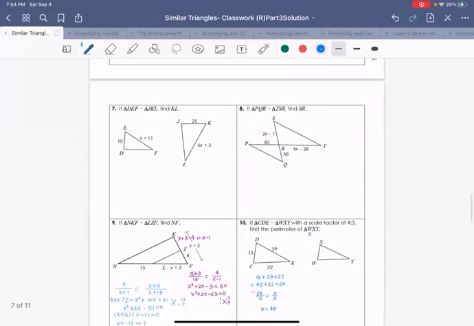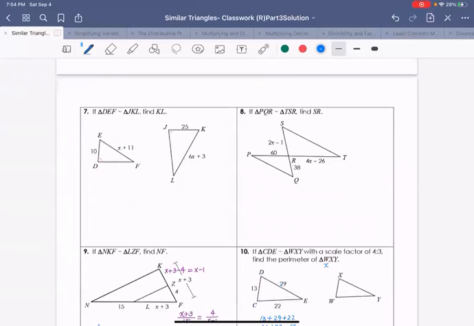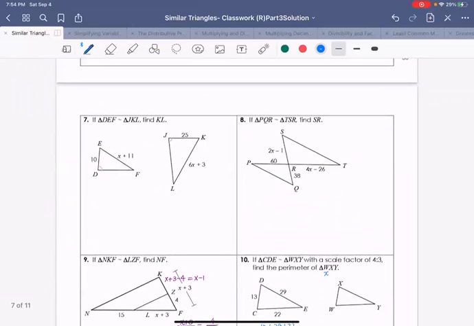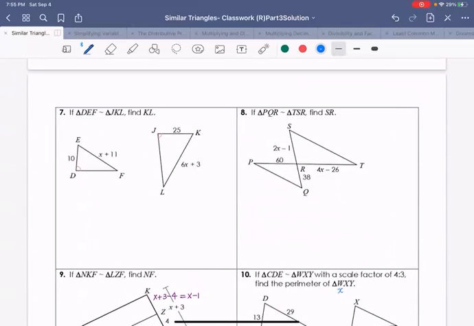Now, Felix, let's do number 8. PR over RT is equal to RQ over SR. Next.